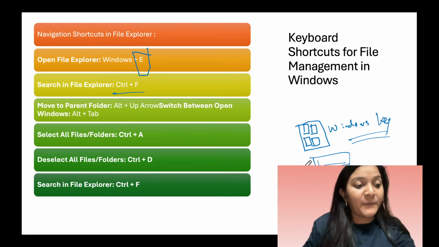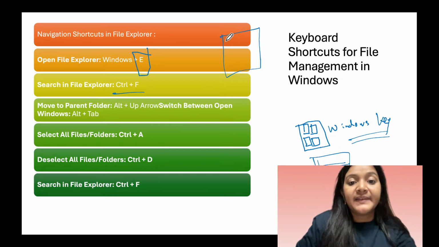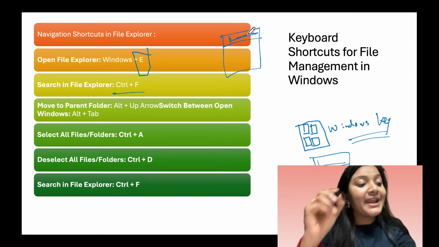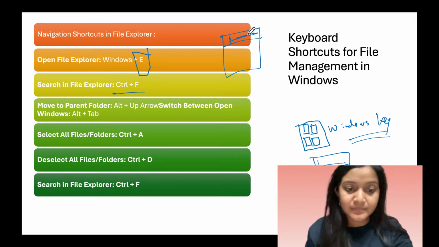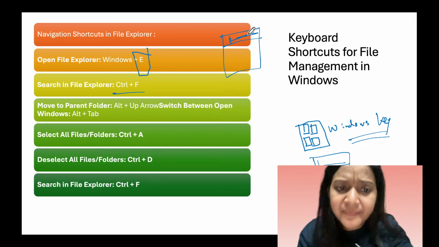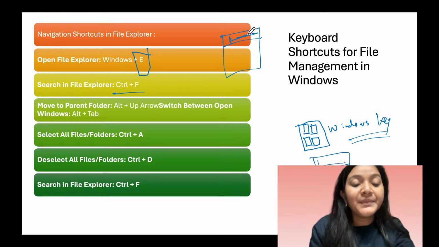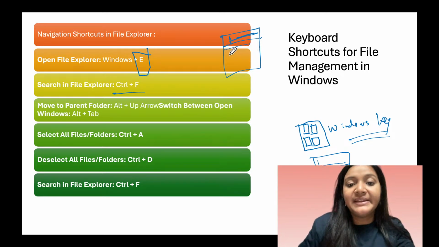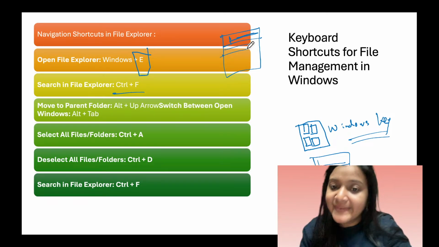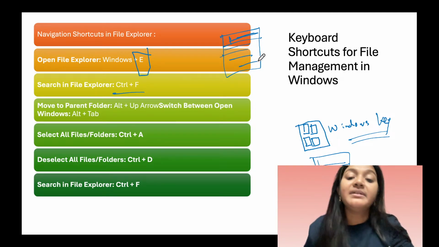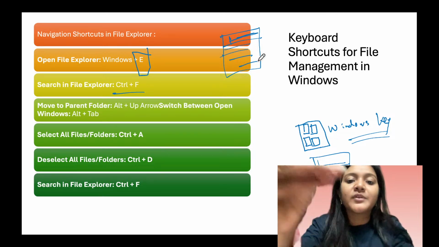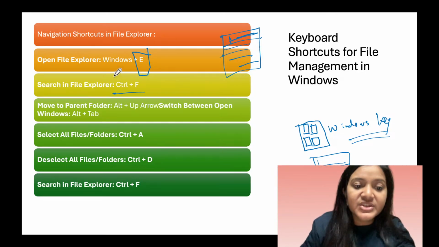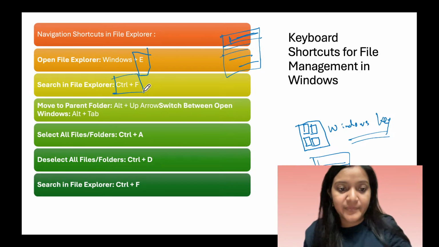In this search bar, you write the name of that file which you have to search. Just write the name of the file. Then that file will be appearing here. If similar named files are there, maybe 3 or 4, you will see those too. So whichever you have to work on, click and open it. Just remember the search shortcut is Control plus F.